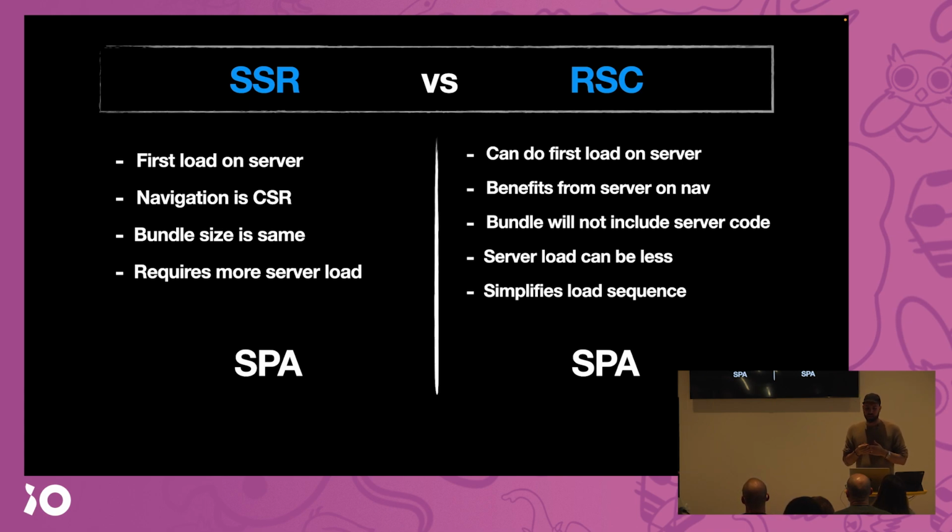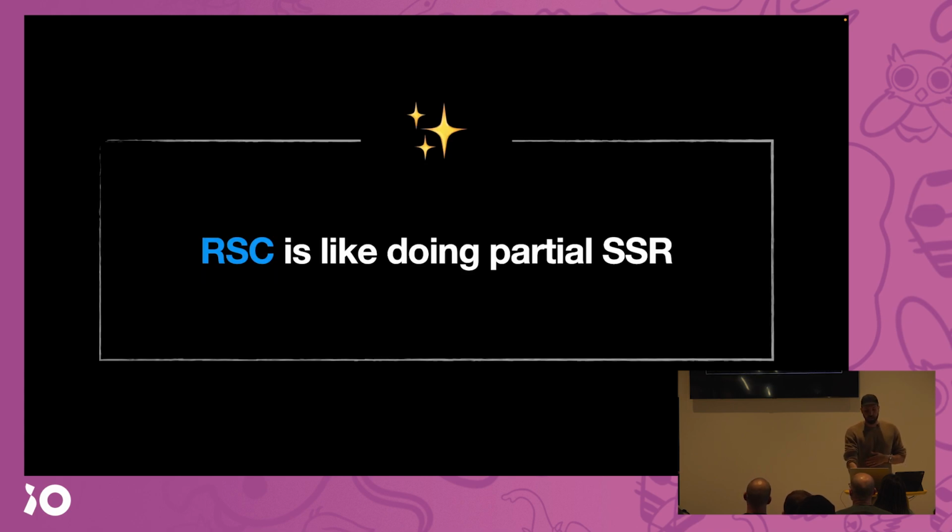And also, React Server Components are going to remove the bundle size which we use on the server, so we are not going to ship it to our client. It also has other benefits, like our servers can have less load, and it simplifies the load sequence. And keep in mind, both of these solutions are using SPA. It's not MPA. So we are at the state of single-page application.